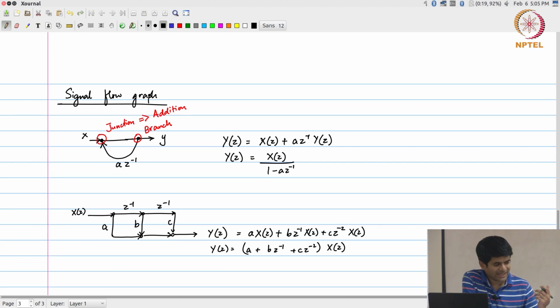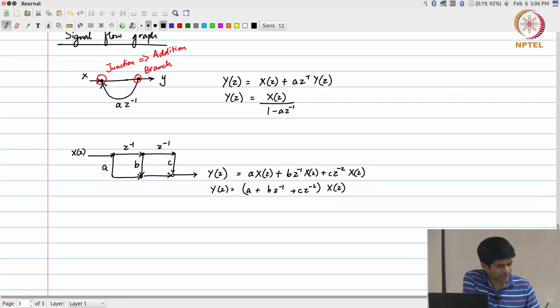Okay, and that relates to a theorem which says that if you switch the directions of every arc in the signal flow graph, replace junctions by branches and branches by junctions, and swap the input and output, you will get the same functionality. Okay, so what exactly does that mean?